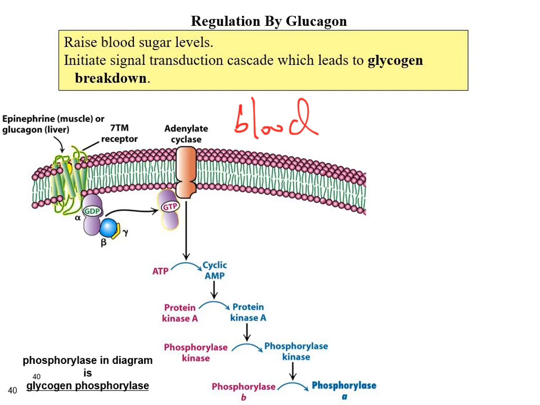Glucagon binds the receptor and activates the G protein coupled pathway. If we look down here at the bottom where it says phosphorylase, this is the glycogen phosphorylase. Over on this side, the glycogen phosphorylase is off, and this is on. And so this pathway turns glycogen phosphorylase from off to on.